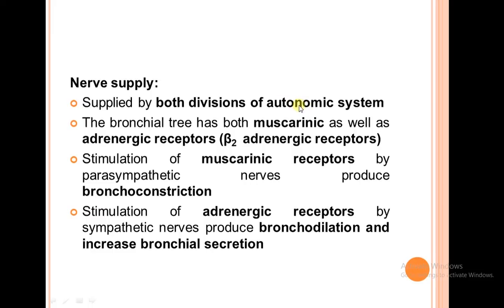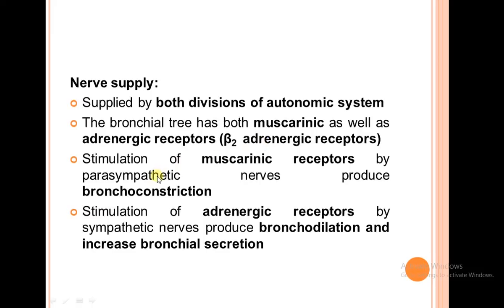So the smooth muscles have both types of receptors, that are the receptors for the parasympathetic division and receptors for the sympathetic division as well. So cholinergic receptors are muscarinic receptors, while the receptors for the sympathetic nervous system are adrenergic receptors, and mainly the beta 2 adrenergic receptors are present.